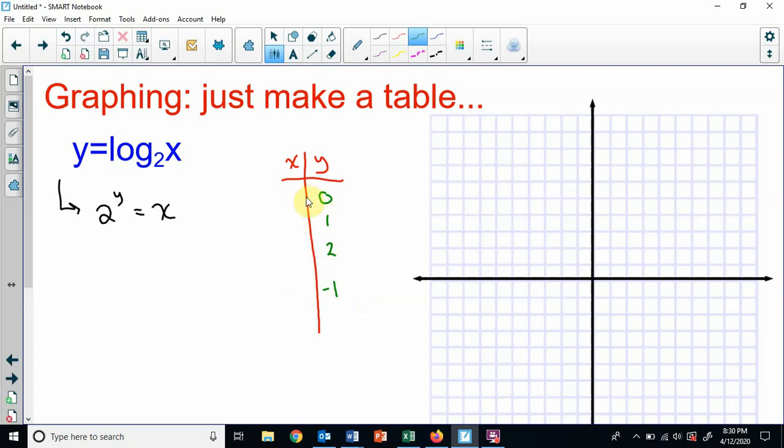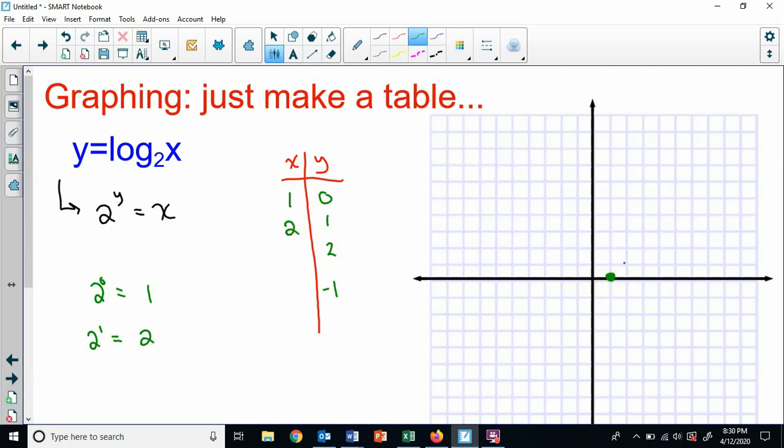So if I put a 0 in there, 2 to the 0 equals, well, what's anything to the 0th power? 1. So every logarithmic function will have this 1, 0 point. If I put a 1 in there, 2 to the 1. Well, anything to the 1 is just itself. 2. So I got 2, 1.